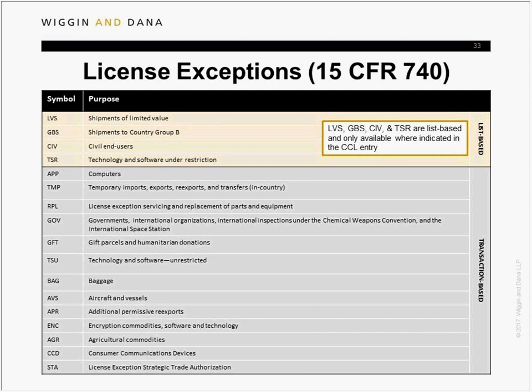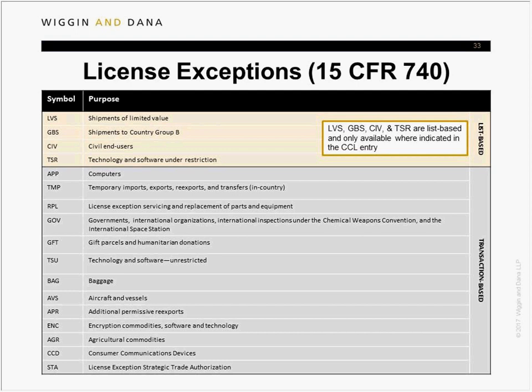You have to be prepared to read very carefully the description of the conditions for the application of the license exception. Some of them are even more complicated because in addition to having to satisfy the conditions that are described in the license exception, you also have to look and see whether they are described in the CCL entry.